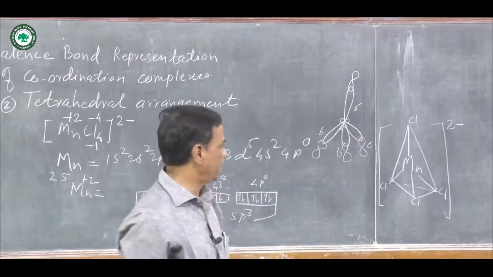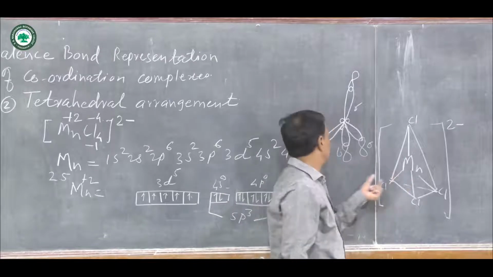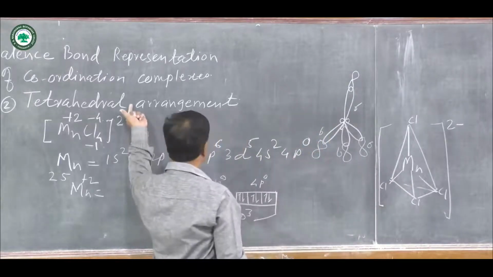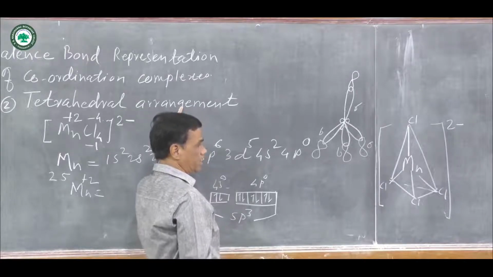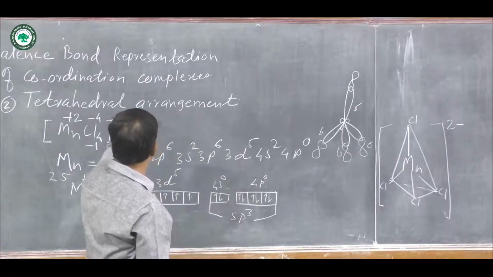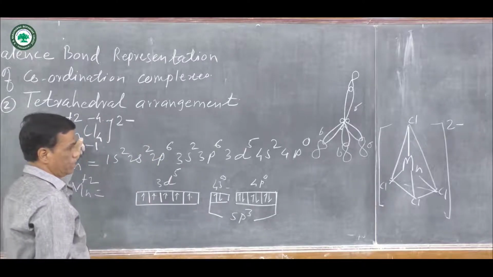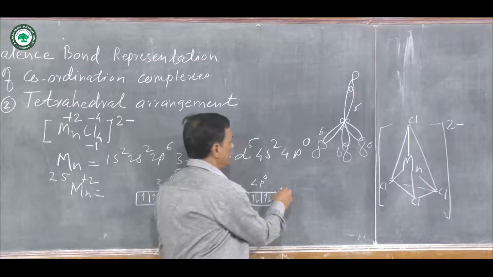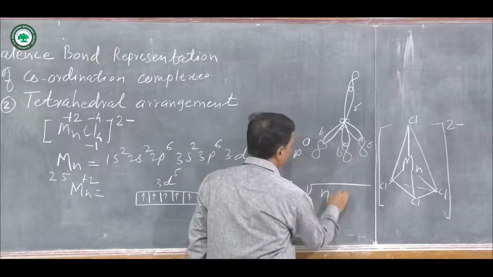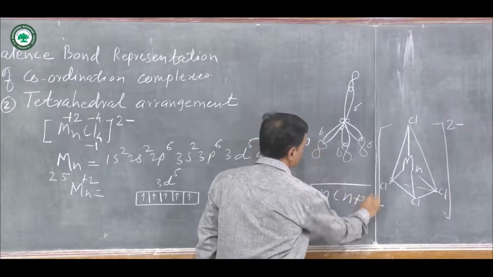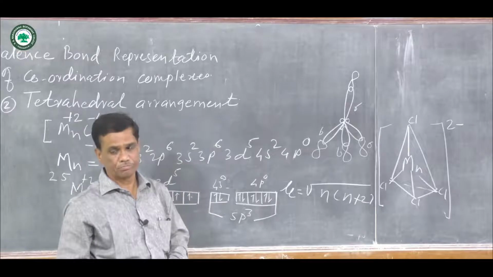This is the tetrahedral structure, and the arrangement is known as tetrahedral arrangement. Then the magnetic behavior of this complex ion is determined by the formula mu effective, or mu is equal to the square root of n into n plus 2, where n is equal to the number of unpaired electrons.